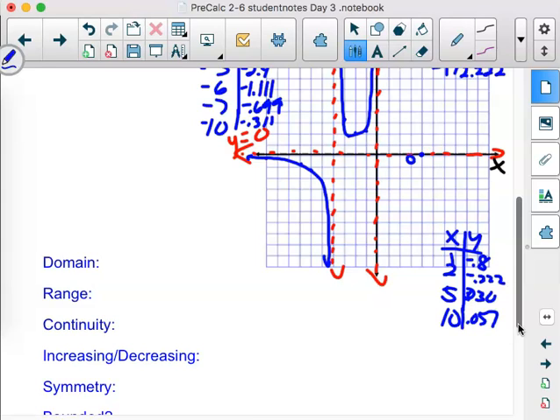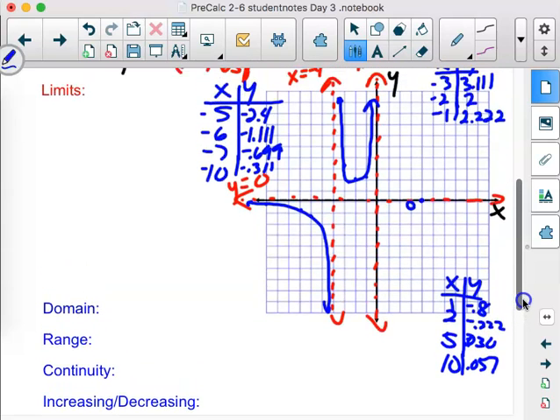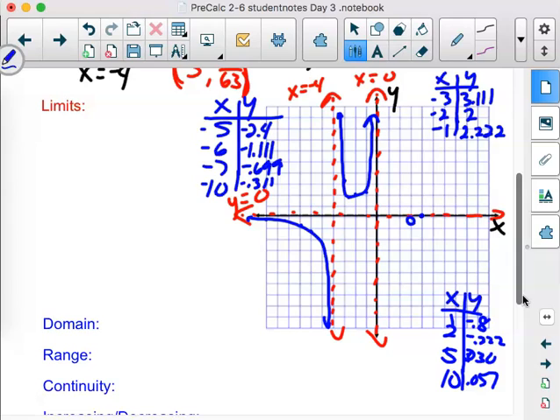Now that's interesting. Do you see how these numbers are going up? Let's graph that and think about what that means. 1, -0.8, 2, -0.2222, 5, 0.03, 10, 0.057.